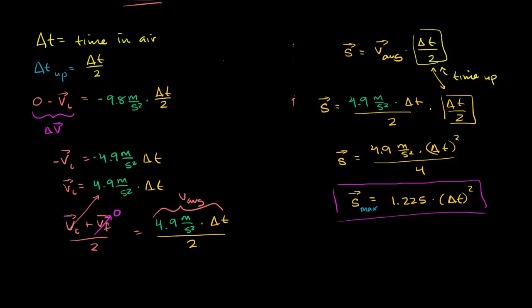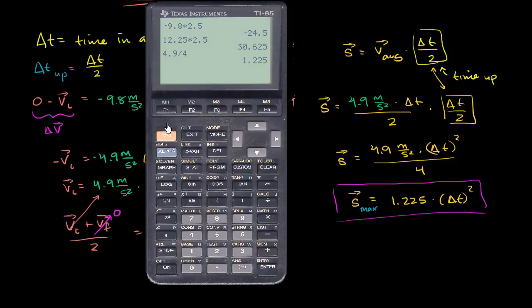So we can use that if a ball's in the air for 5 seconds. We can verify our computation from the last video. Our maximum displacement, 1.225 times 5 squared, which is 25, will give us 30.625. That's what we got in the last video.